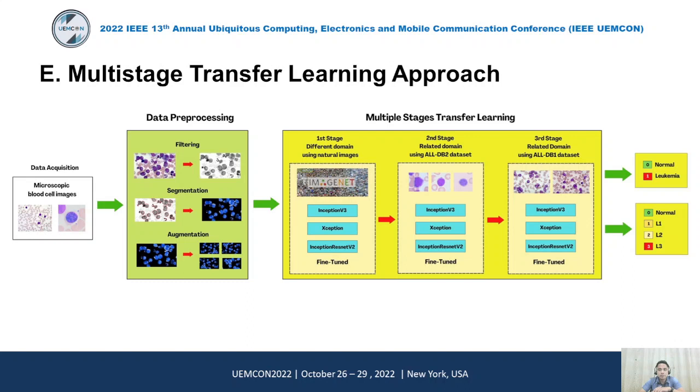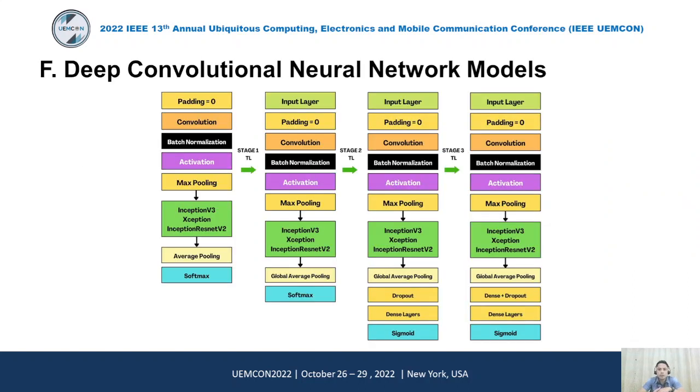The detection task is normal or the existence of leukemia, while the classification is into 4 categories: normal, L1, L2, and L3. This is based upon the French-American-British classification of leukemia. For the block diagram of our deep CNN networks, we use several configurations like the input layer, batch normalization, max pooling, and global average pooling with a softmax activation function.